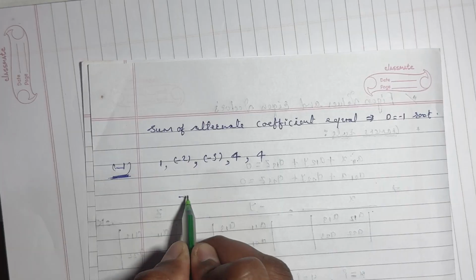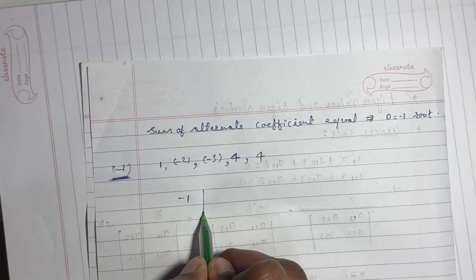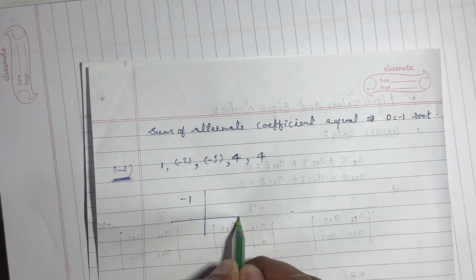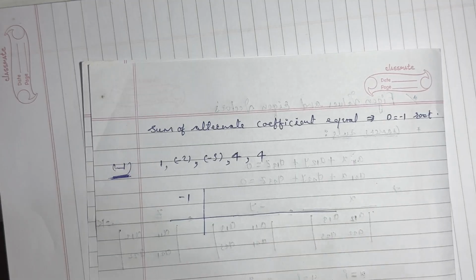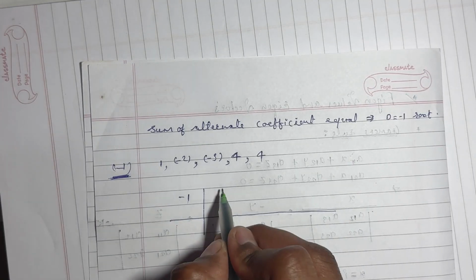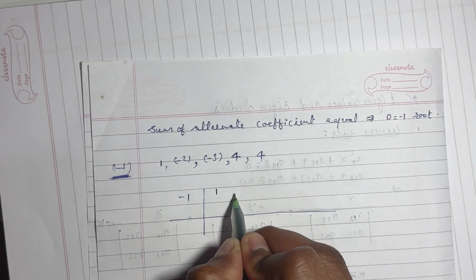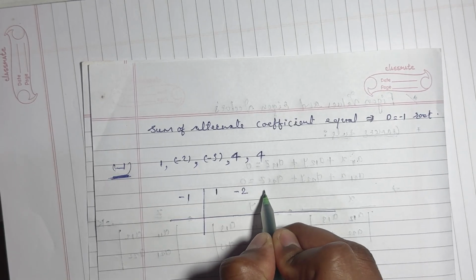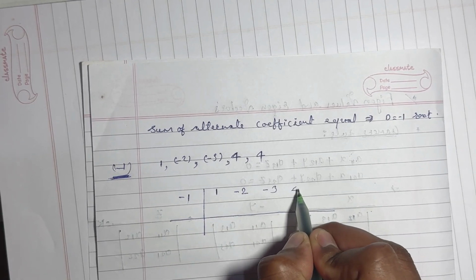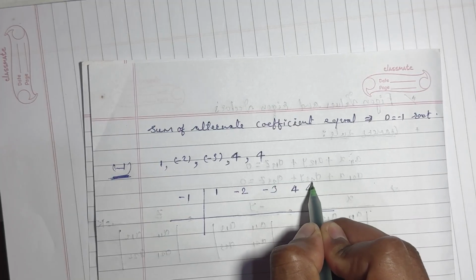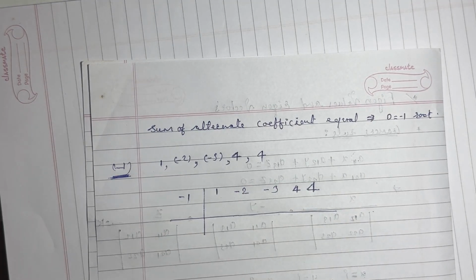So we take -1 over here, then we use this bracket. This is the method that we use for synthetic division, and then we take the coefficients as they are here: 1, -2, -3, plus 4 and plus 4, okay.